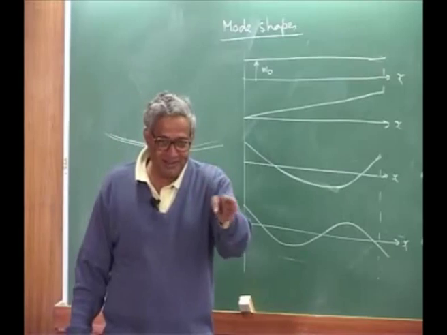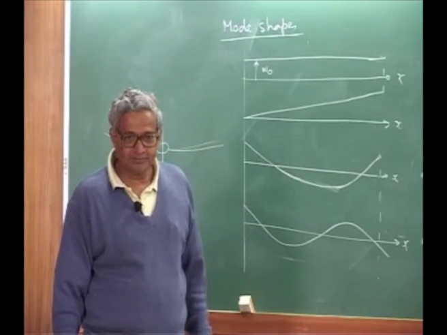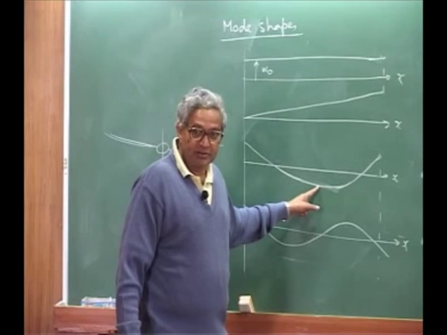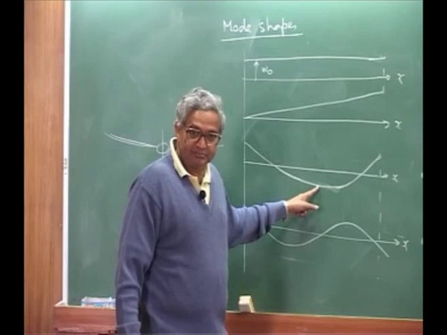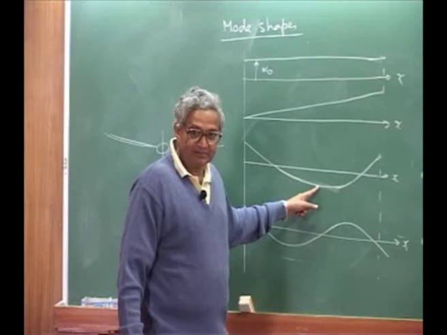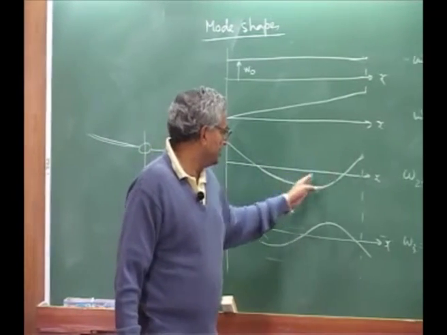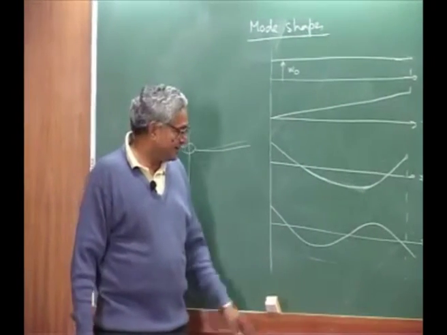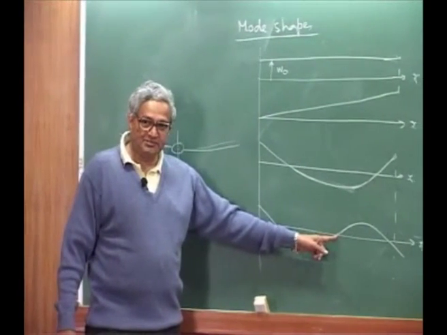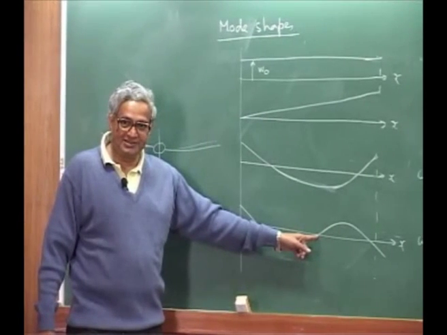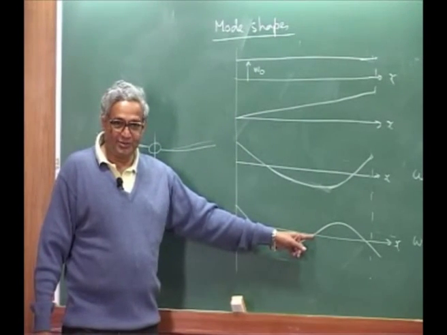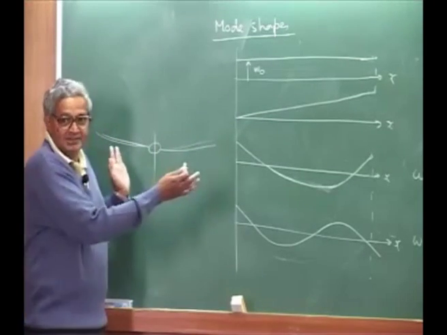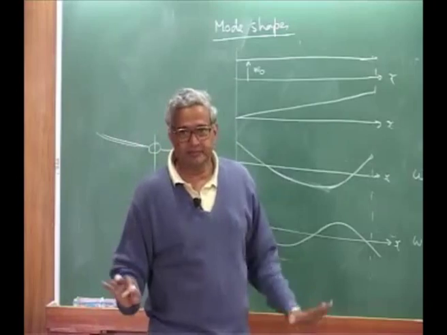If you set a particular type of boundary condition, suppose I say displacement here is 0, slope is 0, right? Then I will get only symmetric type of things. Whereas here I allow rotation, but I don't allow displacement. Okay. So you may have to change the boundary condition suitably. Whereas if you solve the full problem as it is, you will get everything fine.